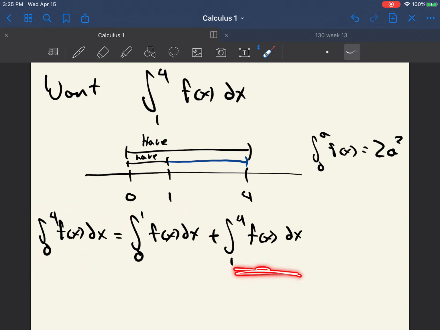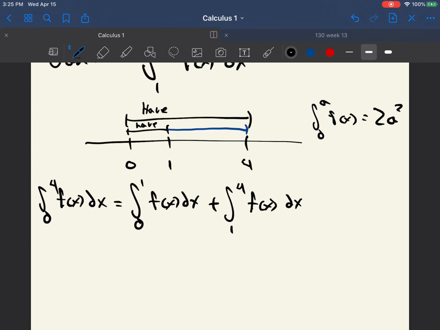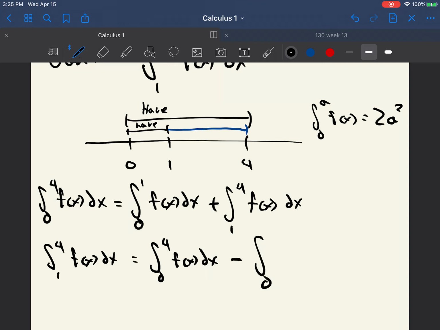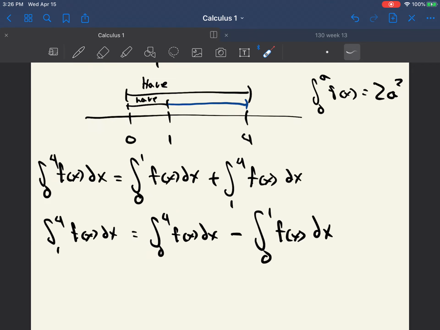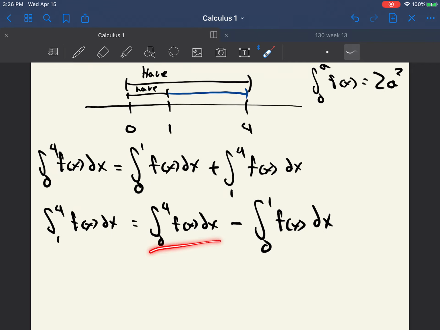Okay? So let's manipulate this equation so that we have this on one side and then these other two terms on the other side. So if we do that, we're going to get the integral from 1 to 4 is the same as the integral from 0 to 4 minus the integral from 0 to 1. Because I just moved this term right here over to the other side, right? I subtracted it. So then I get this.